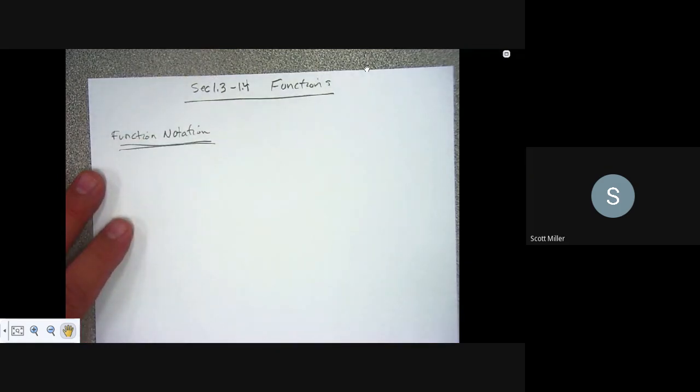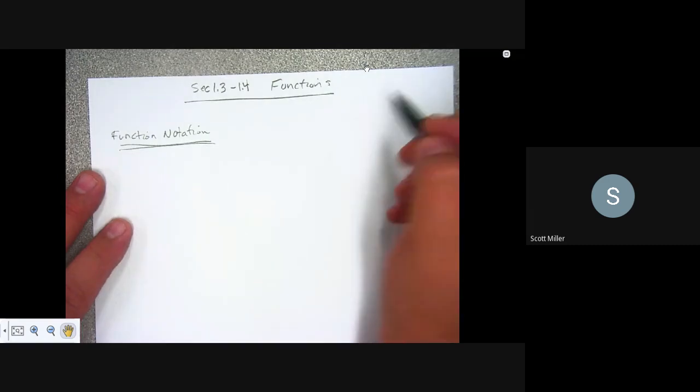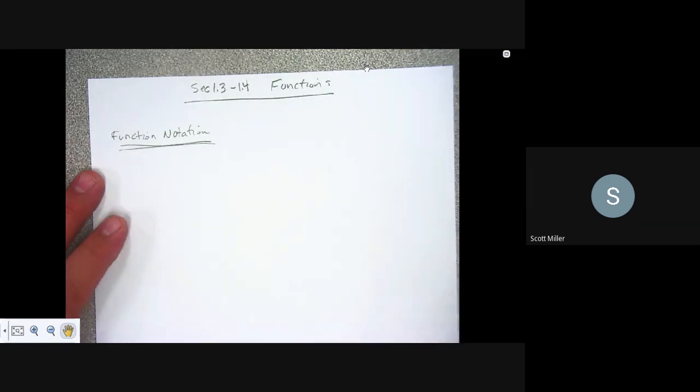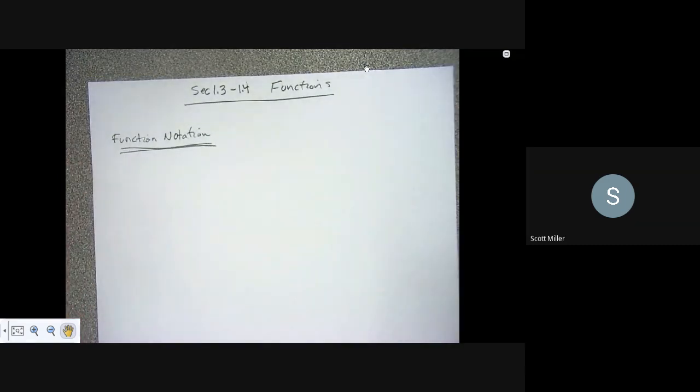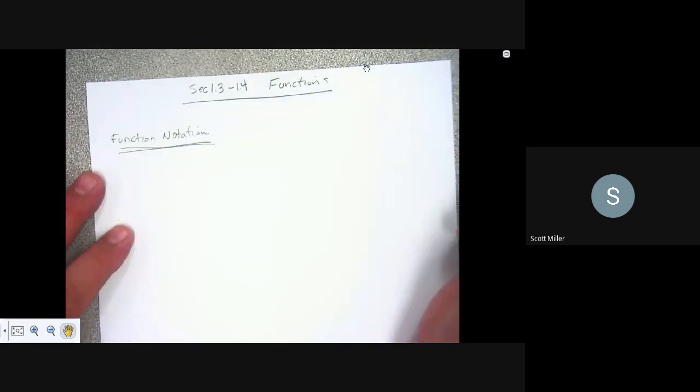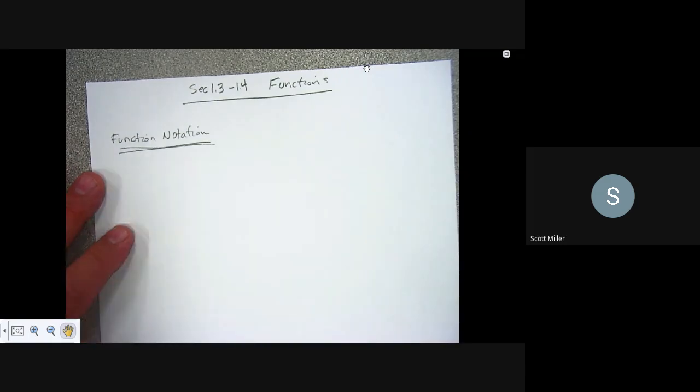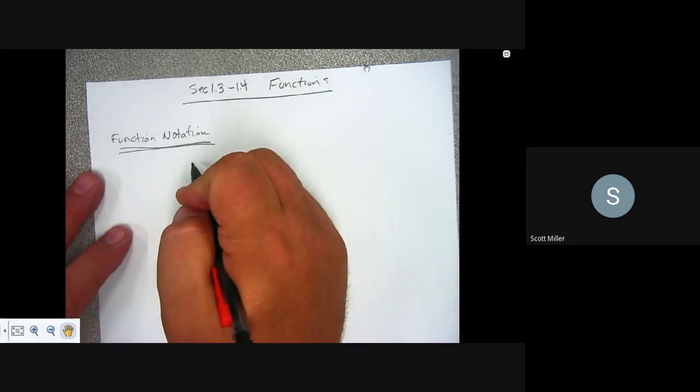So normally if I write an equation like I did before, we use y equals, and then we have some other variable, x, most likely. When I have function notation, and that means it's a function, that means I know for a fact, and I have confirmed that for every input, there is exactly one output. That means once I know that is true, then I get a special function name.